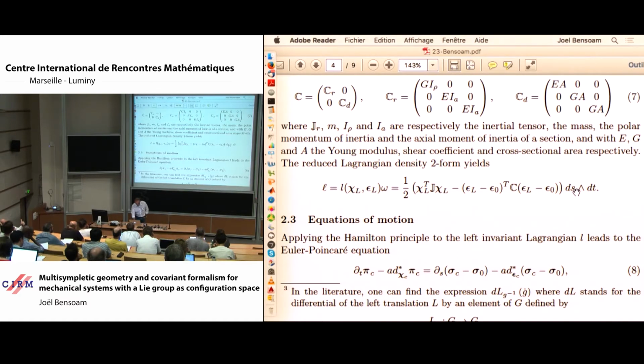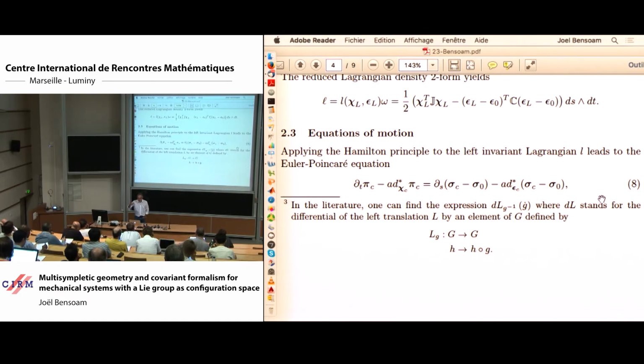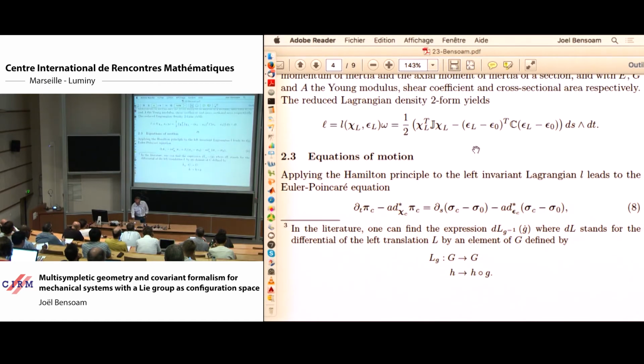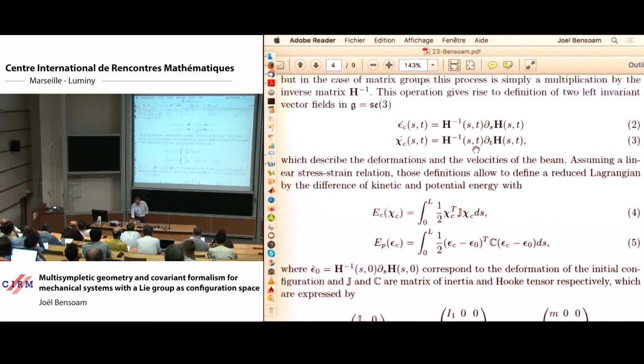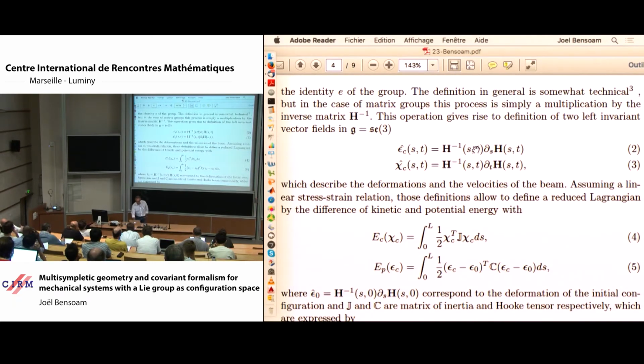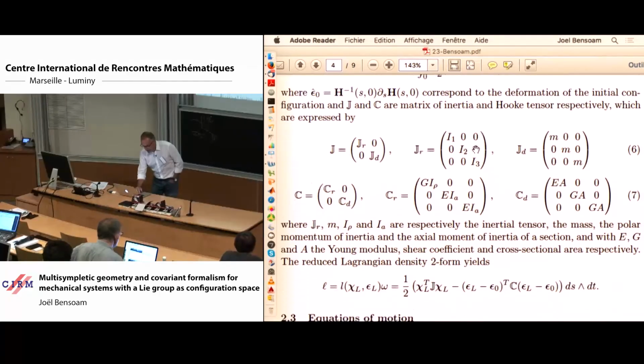And now, if you apply the Hamilton principle, you have two variables, S and T. As you can see, the special Euclidean group is acting on these systems.